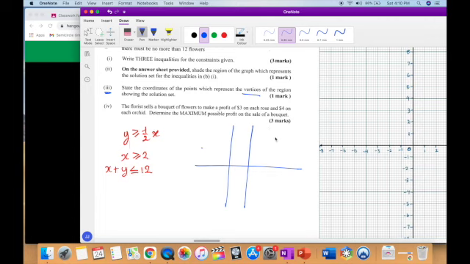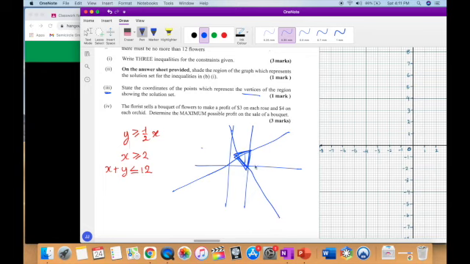Half X is probably going to look like this, no, like this, and I'm guessing this one might be plus 12, so it'll be here. It might look like this or something, I don't know. Alright, it might look like that. And obviously you're going to get some kind of triangle here.